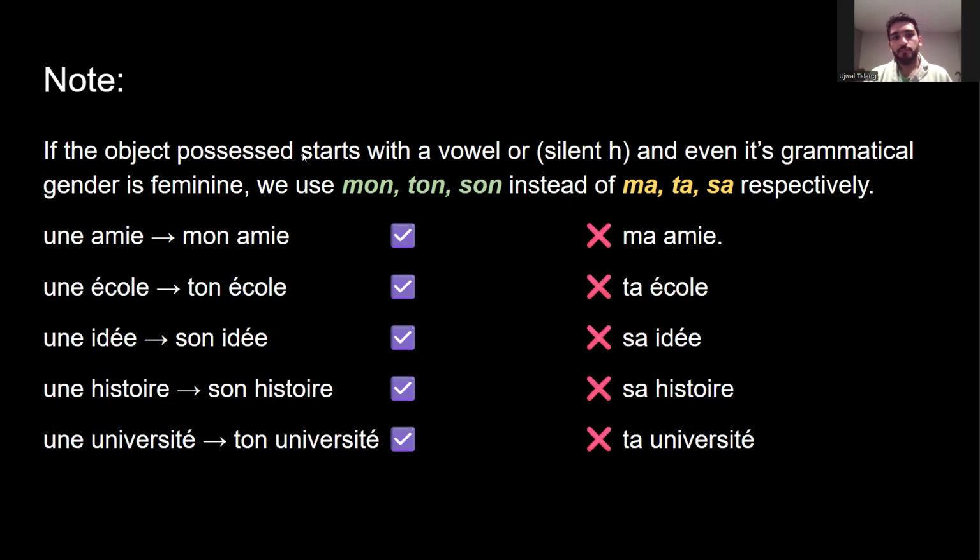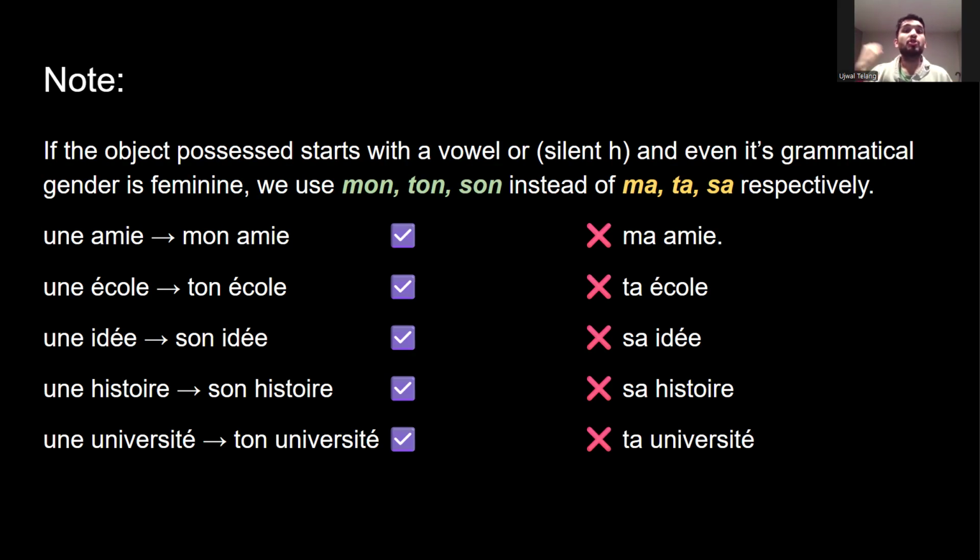Okay? So all of these nouns here are feminine. So if it's une amie, if you want to say my friend and you're referring to a girl, it's going to be mon amie and not ma amie. Okay? Not ma amie. Mon amie.